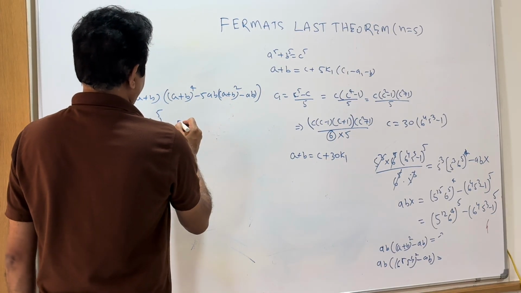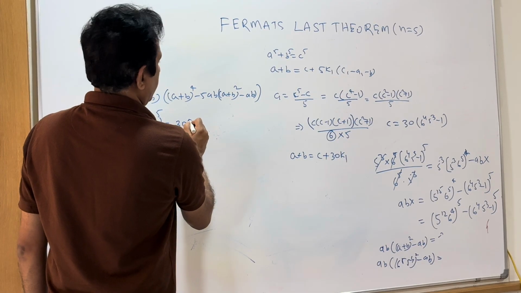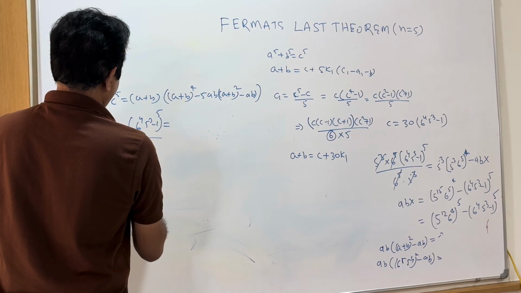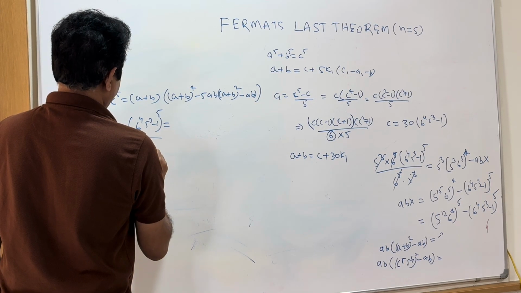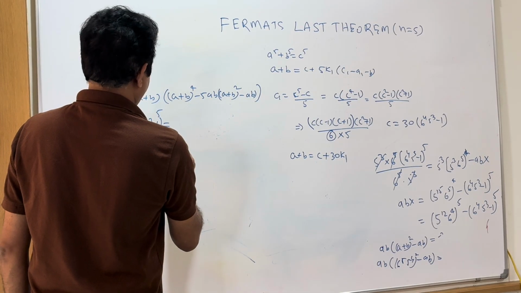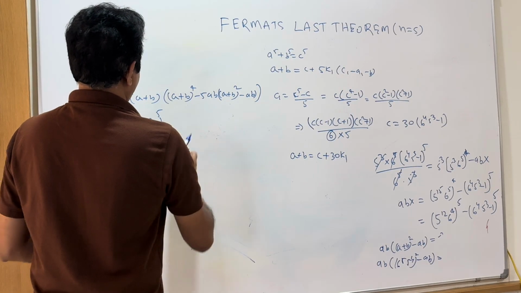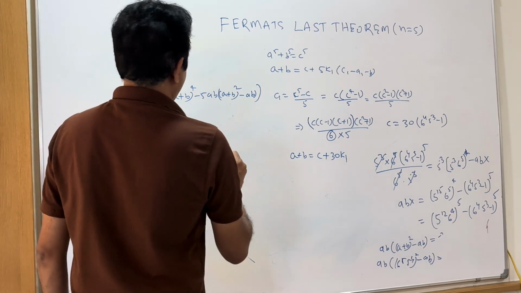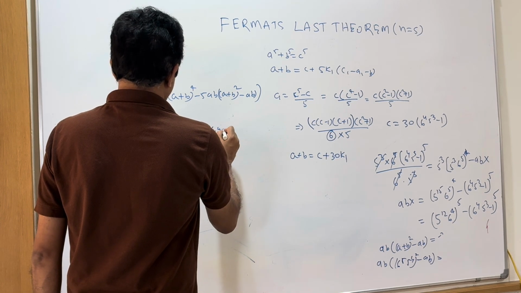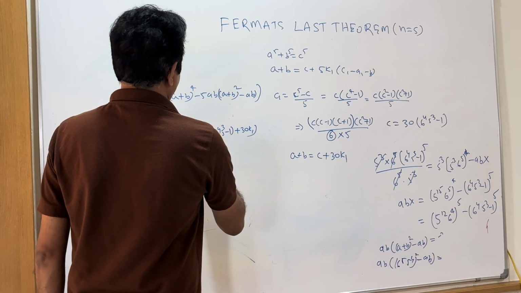Okay, so what is C? C is 30, actually we will divide this by 30, so 6 power 4, 5 cube minus 1, plus 30 K1. Again, 30 into 6 power 4, 5 cube minus 1 plus 30 K1, whole power 4.